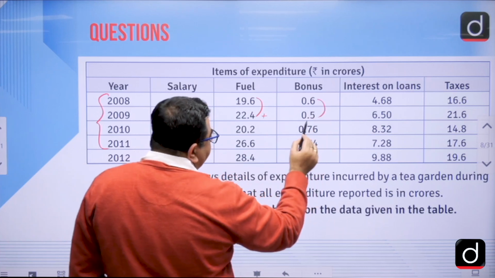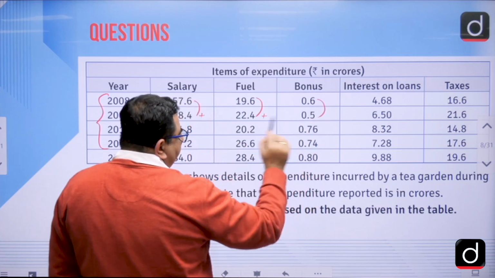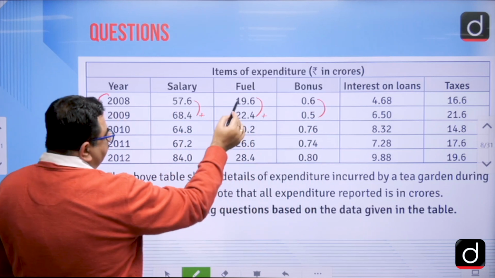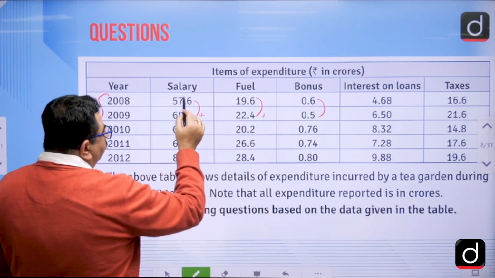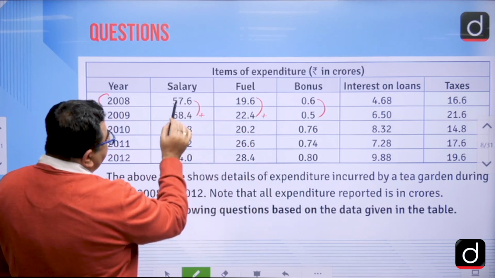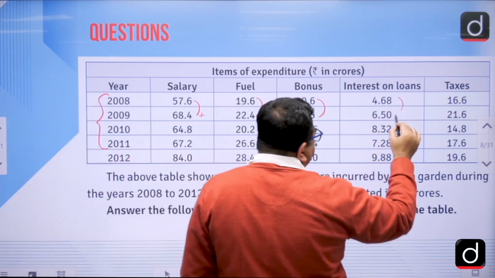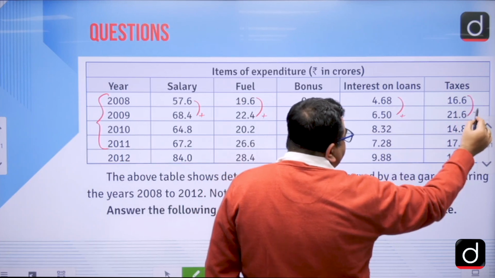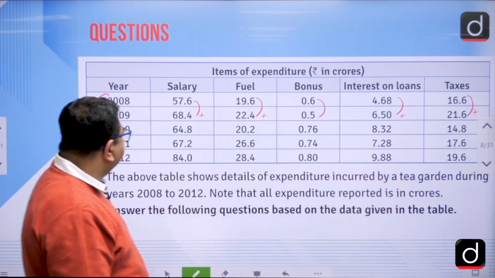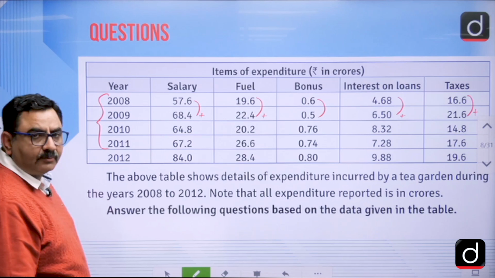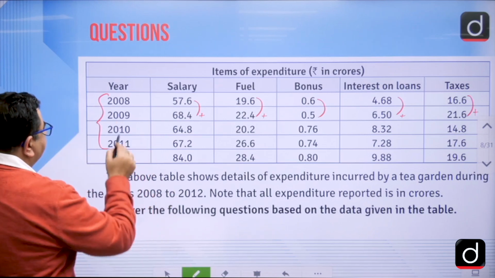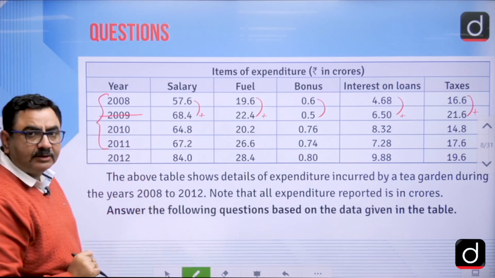This is less, but it's only lesser by 0.1. Rather, these numbers are more by 2, by 3, something like that. Here you can see there's a huge change, so it won't matter. Here also it is increased. Here also it is increased, right? So can I say that in 2008 and 9, 2008 is lesser. So 2009 cannot be the answer.